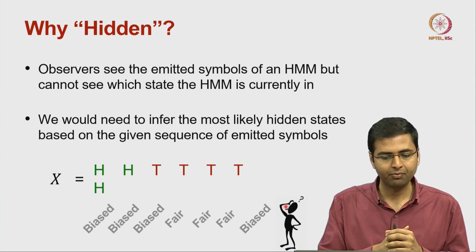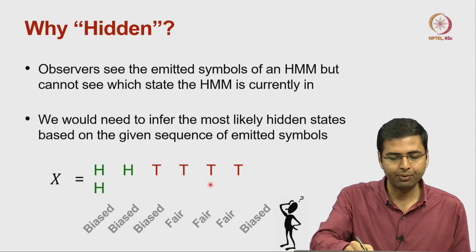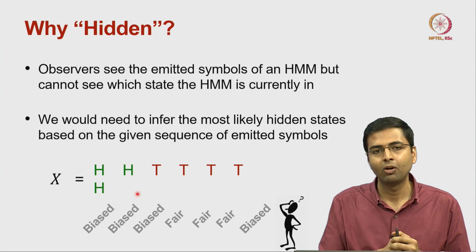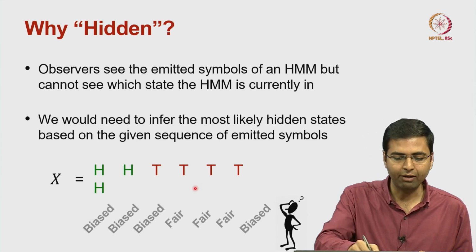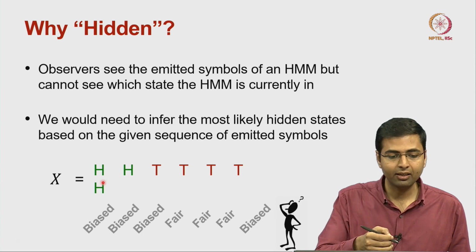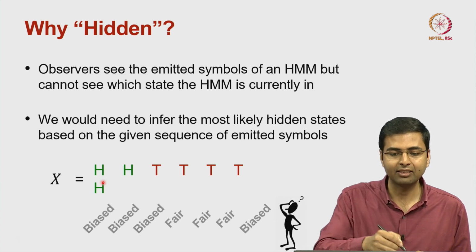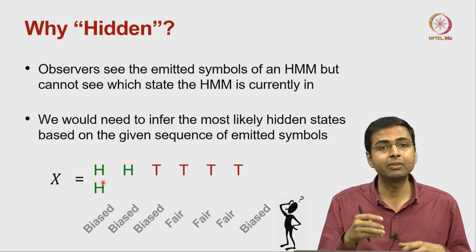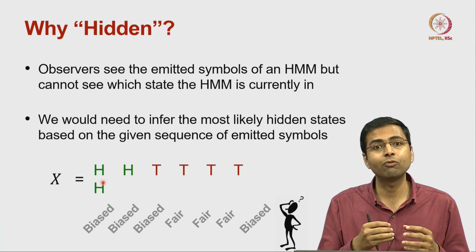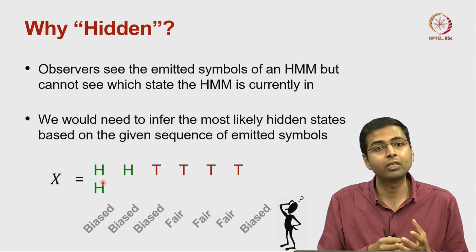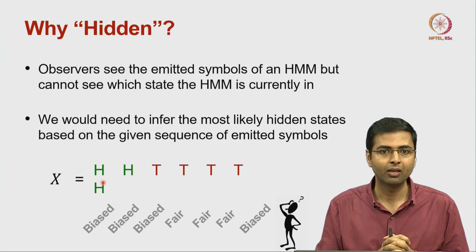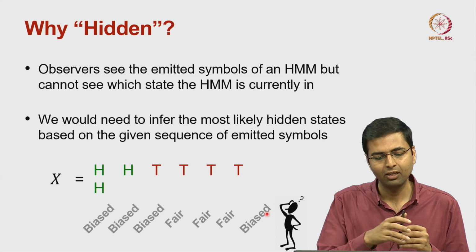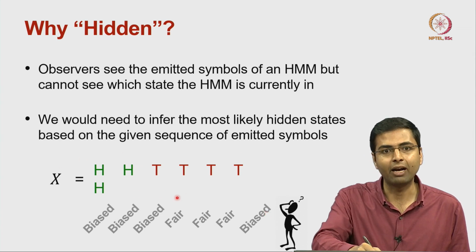So, for example, if in this example we have been looking at this sequence H H T T T H, these are the observations that we have, and we cannot see the states at which the HMM was at each step. This is something that we will need to infer, that is, what is the most likely sequence of hidden states based on the observations that we have.